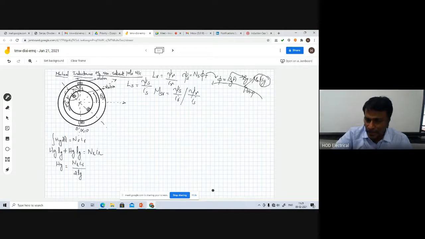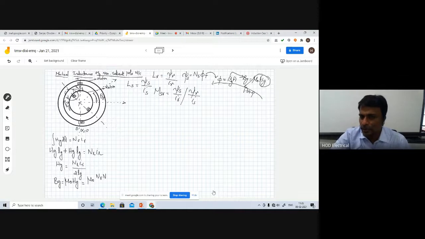Then we have to find the flux. Hg we know, so now we find the flux density of the air gap. The flux density Bg is equal to mu naught times Hg. Therefore, Bg is mu naught nr ir divided by 2Lg.